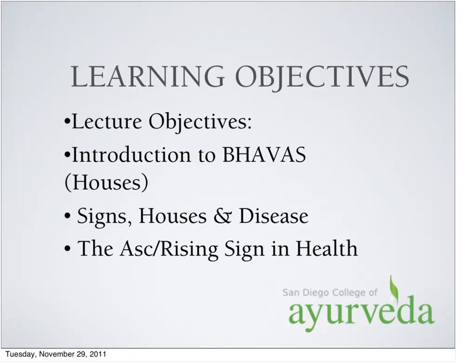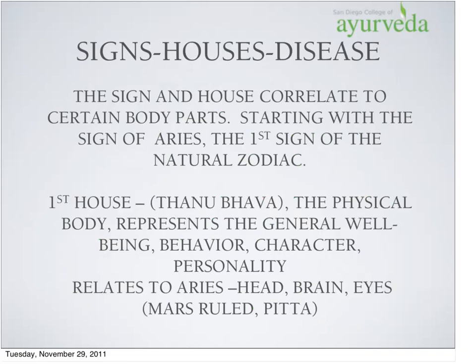We'll also be looking at the ascendant and the rising sign. This is the same thing, the ascendant and the rising sign. So let me just go to the slide.